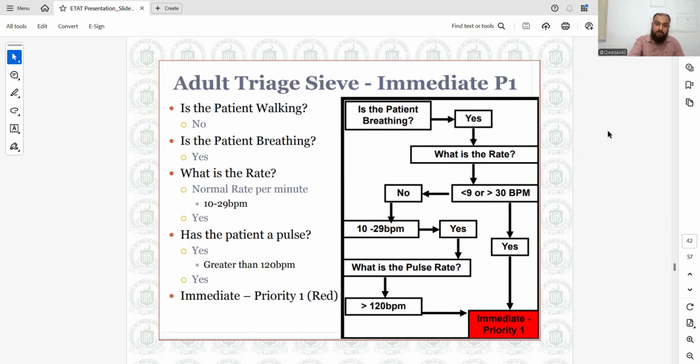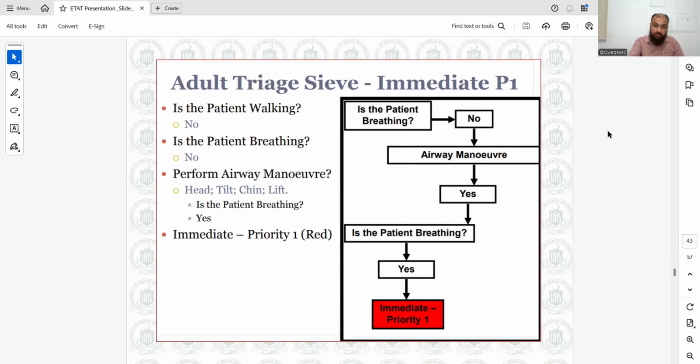Immediate P1: is the patient breathing? Yes. What is the rate? If less than 9 or greater than 30, then immediate. If no, then we will count the pulse rate. If pulse is greater than 120, then immediate priority must be given.